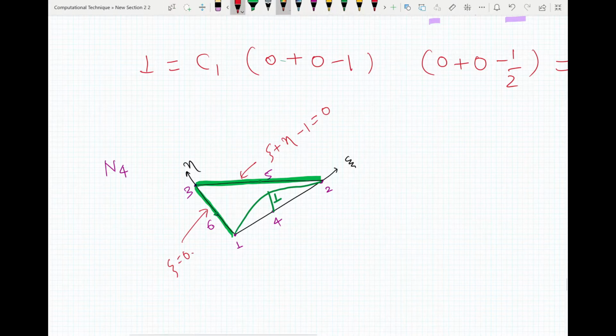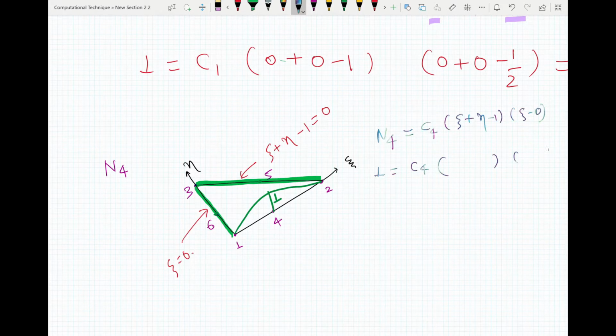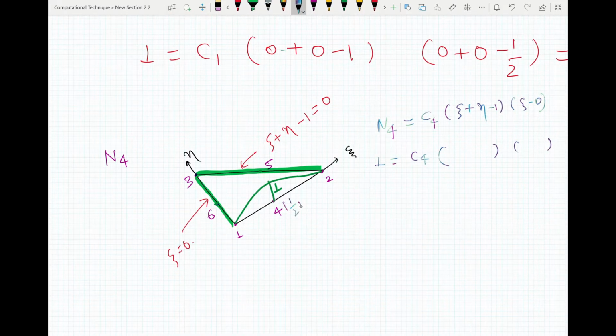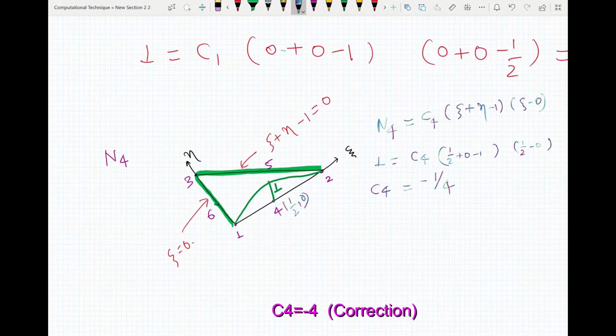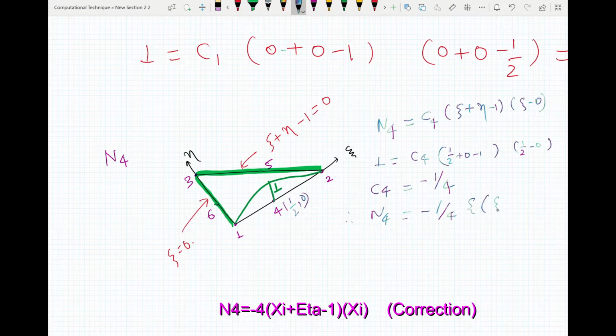Now you can form your equation directly, and here n4 equals to 1 at node 4. Your coordinates for 4 is half comma 0. So you write here half plus 0 minus 1 and then half minus 0. Therefore your c4 will be equal to minus 1 by 4. And therefore n4 will be equal to minus 1 by 4 times xi plus eta minus 1, times xi.